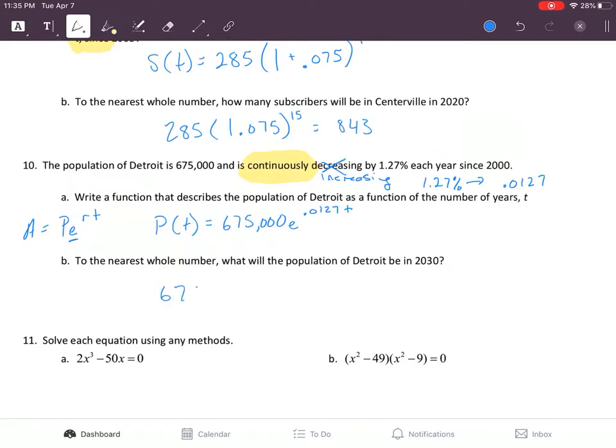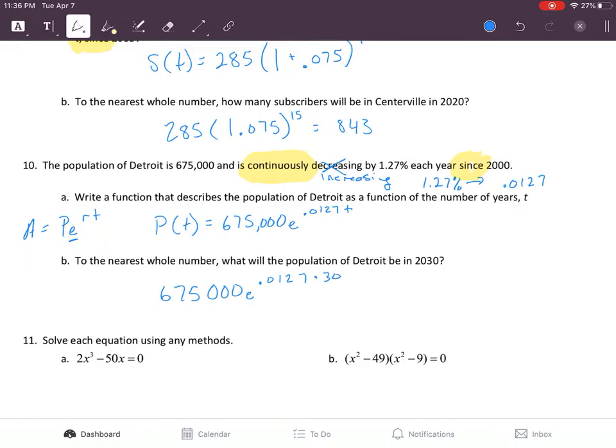We put that in our problem down here. We have 675,000 times e. Again, e is a button on your calculator. It's second, and then the divide button. Then 0.0127 times t. We have since 2000, so it's between 2030 and 2000. That time frame is going to be 30 years.